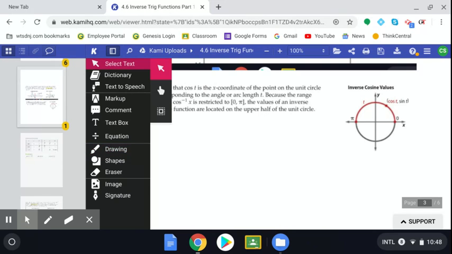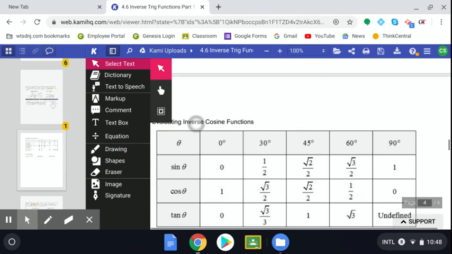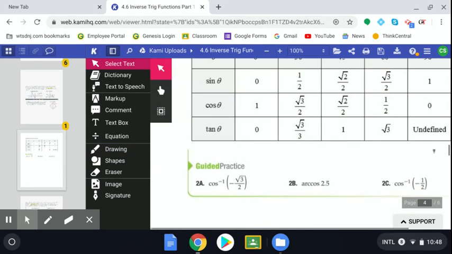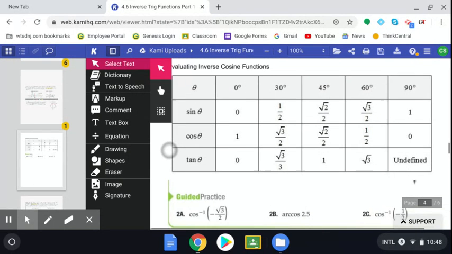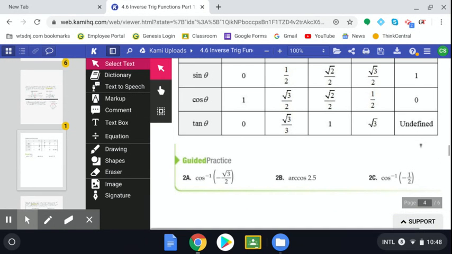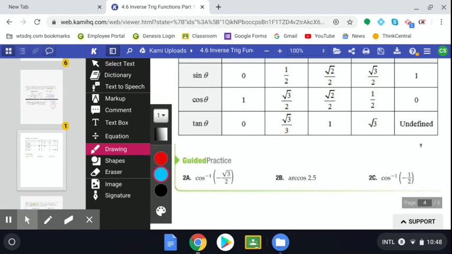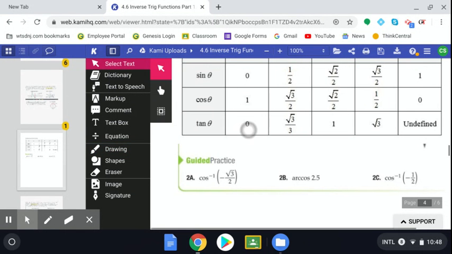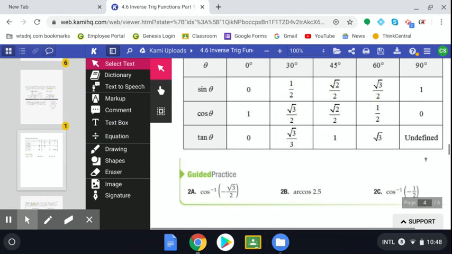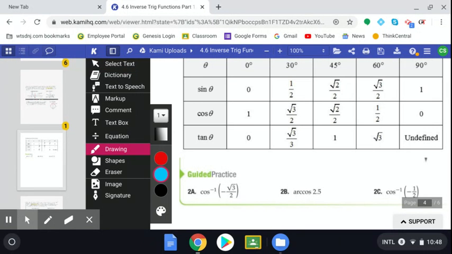Okay. All right. So I attach the table here again, although, like I said before, you should memorize this. So now they are asking which angle has a cosine value that is negative radical 3 over 2. So I have that here. So this is radical 3 over 2.